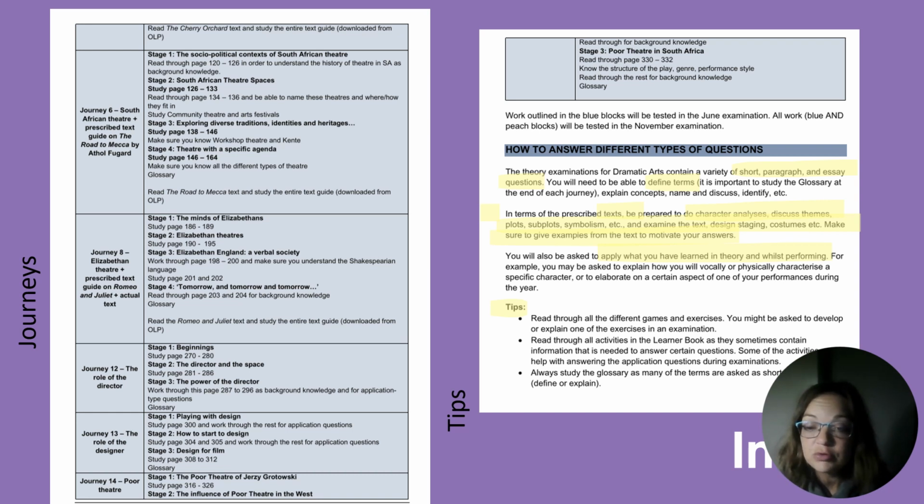So it's very important to read your play more than once. Go through that prescribed guide document more than once. Make sure that you understand what the playwright is trying to say, and that you know what is happening where and the motivation of your characters, etc.